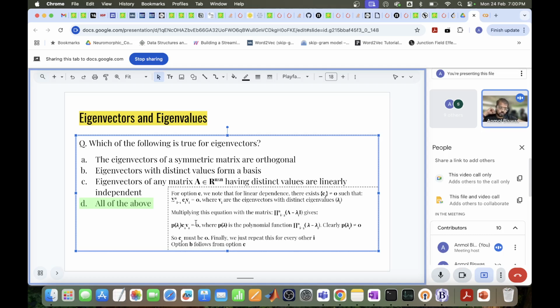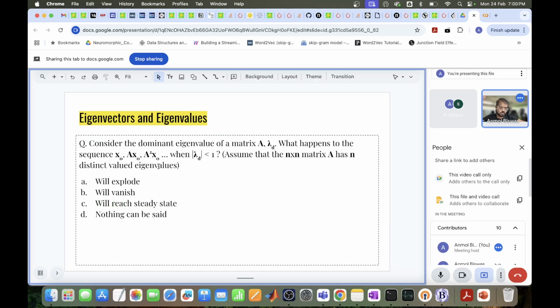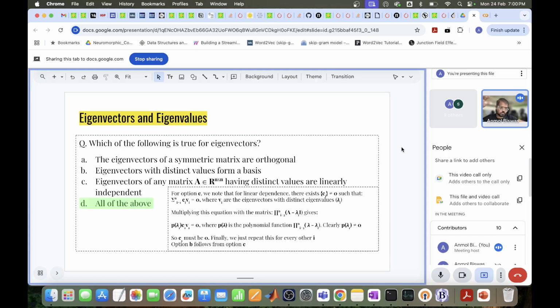And then you will be able to show that c2 must also be equal to 0, and then c3 must also be equal to 0, and so on and so forth, until you show that all of these ci's must be equal to 0, if you are to get the sum of ci vi equal to 0, right? In that way, you can show that eigenvectors with distinct eigenvalues will always form a linearly independent set.